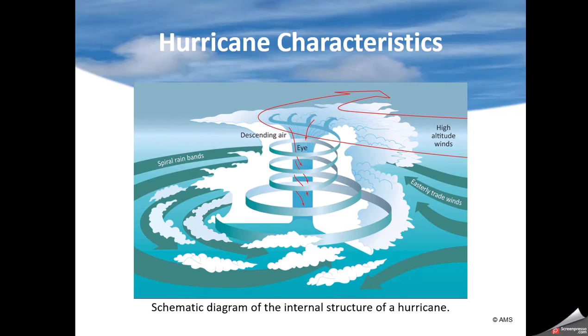So here is a picture of a hurricane. It has spiral bands that rotate into it. What you're seeing out here in these spiral bands is convergence and little bands of showers or thunderstorms developing in these bands. And they gradually rotate closer and closer, and they get closer together as you get into the core of the storm.